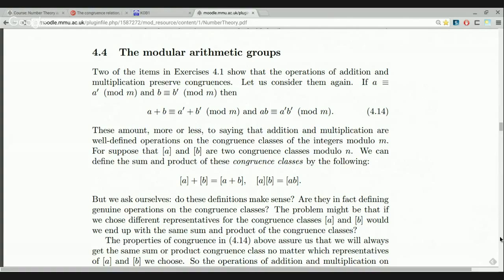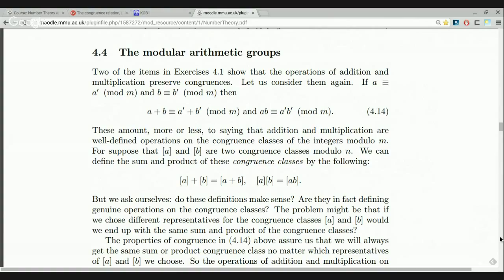Okay. So there's some special notation used. When we write square brackets A, now if you want, we could put a subscript 10 here, but let's just think that it's understood we're working modulo 10.